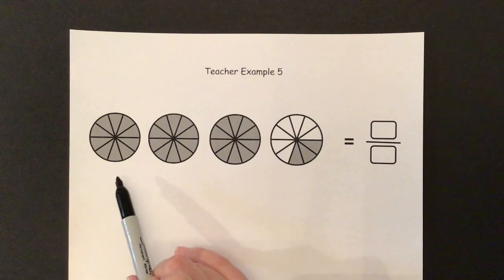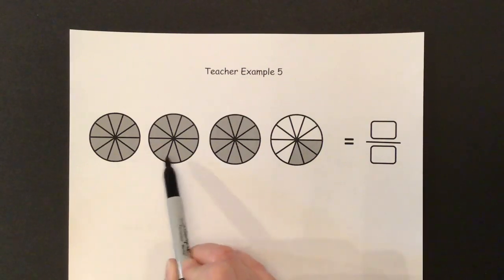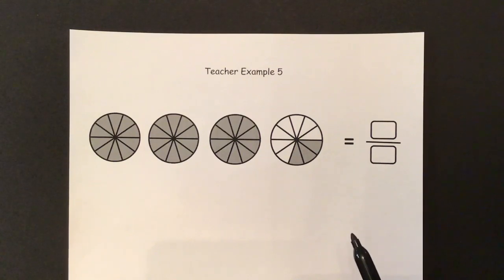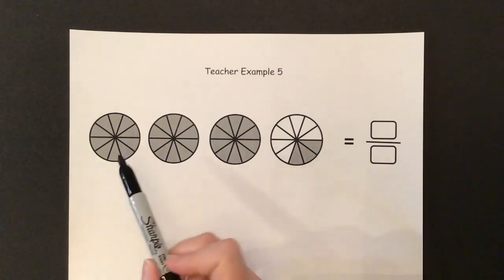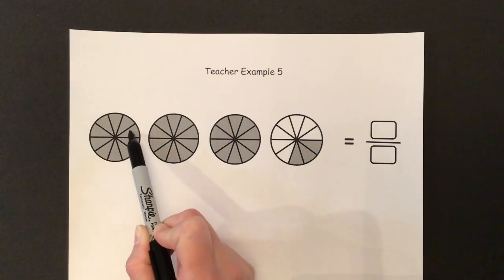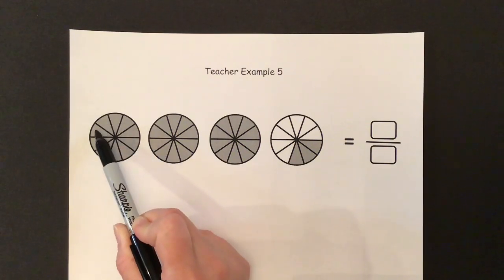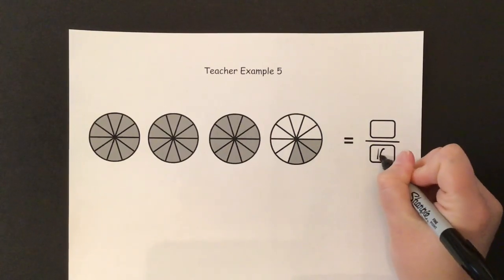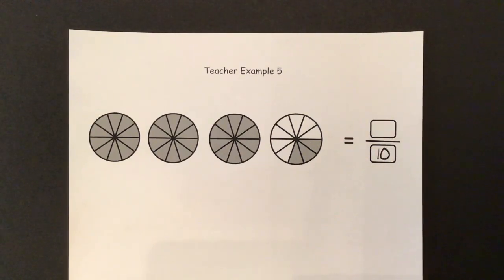So in this example, we have 1, 2, 3 wholes and some other pieces. Let's figure out what our denominator is. 1, 2, 3, 4, 5, 6, 7, 8, 9, 10. These are tenths, and we have a lot of the tenths.